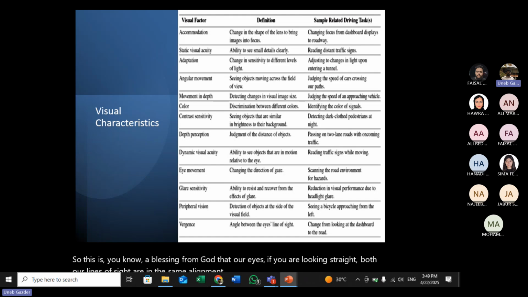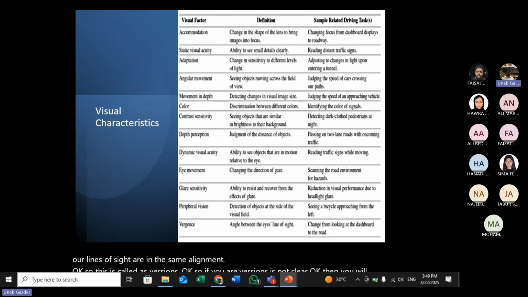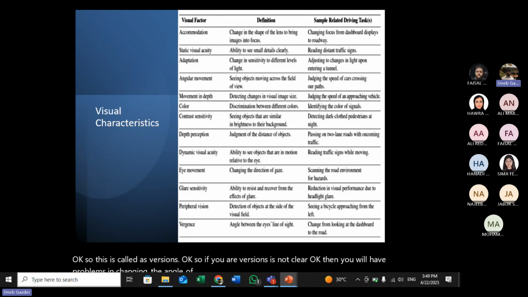This is called vergence. If your vergence is not clear, you will have problems in changing the angle of your line of sight. For example, you are looking at the dashboard, then you start looking at the road, you are changing the angle of your line of sight. If your eyes are not properly aligned, then you will have a problem with that. So vergence helps you with that.